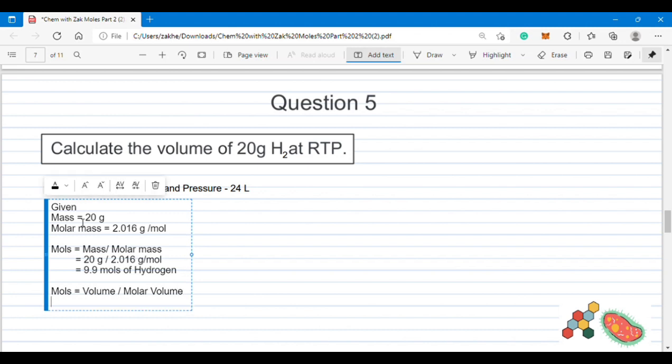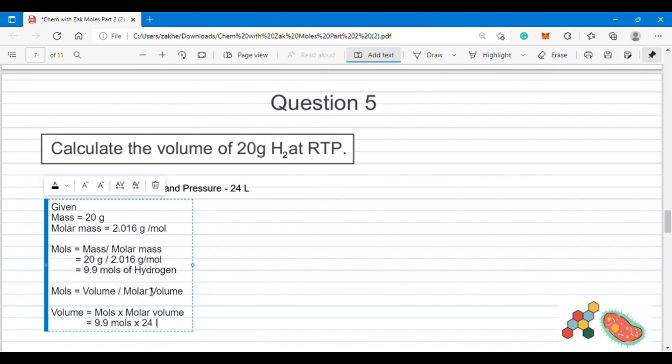And we're going to transpose and make volume the subject of the formula, and it's going to be moles times the molar volume. Now we have the number of moles, which is 9.9 moles of hydrogen times the 24 liters from the RTP. Remember, I said that RTP simply means 24 liters.